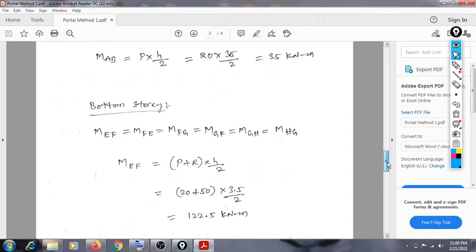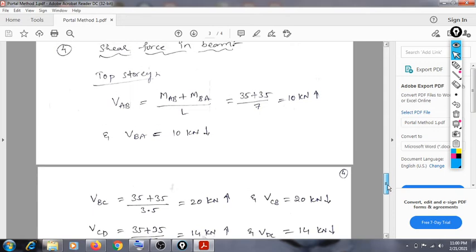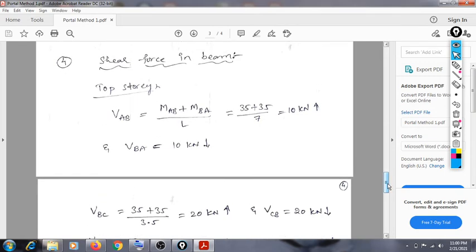Next, the last thing is shear force in beam. So what is shear force in beam? When you see the relation here, the sum of these two moments will be a moment. Moment is equal to force into distance. So this is shear force V and this is L. So shear force into the length gives the moment.